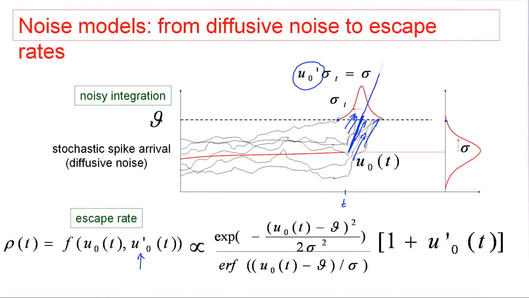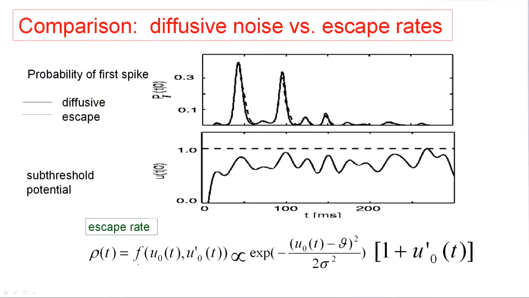Suppose we simulate a diffusive noise integrate-and-fire model, and we also simulate an integrate-and-fire model with escape noise with this specific escape rate, which depends on the reference trajectory as well as its derivative. And this is what we would find. We give some arbitrary time-dependent input current into the model. First, we simulate it with diffusive noise.